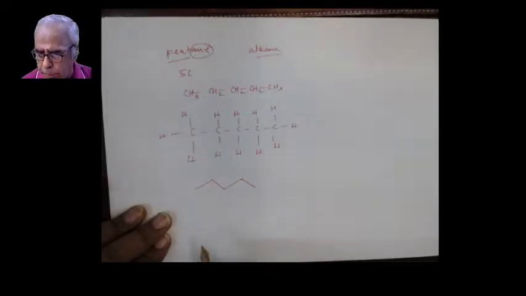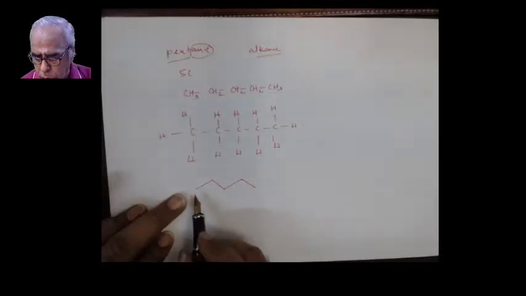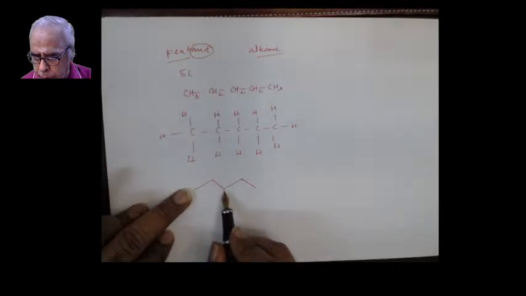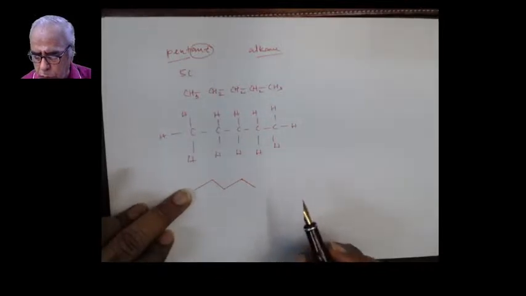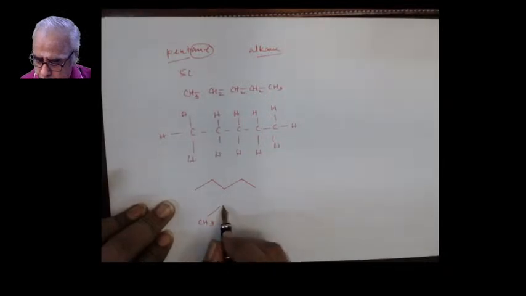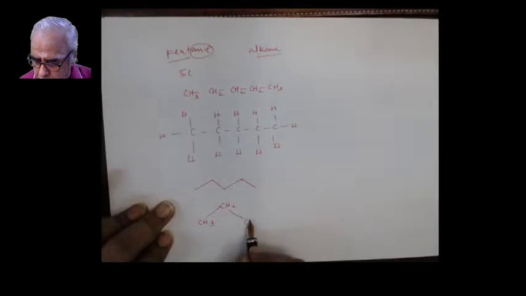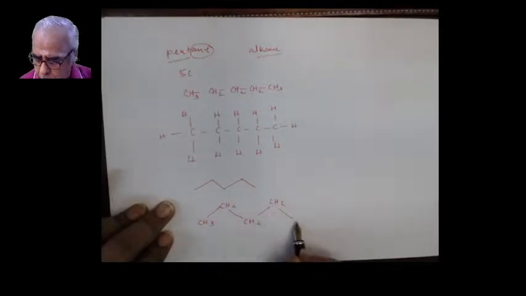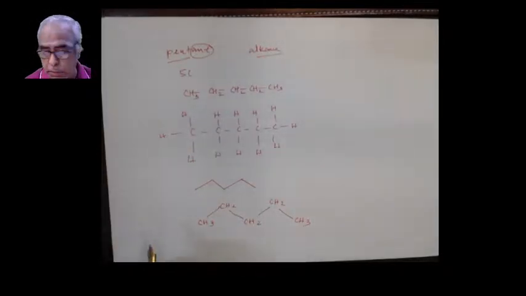So this is also pentane. Each terminal has CH3, and in between you have CH2. So you can write CH3, CH2, CH2, CH2, CH3. So this is pentane.